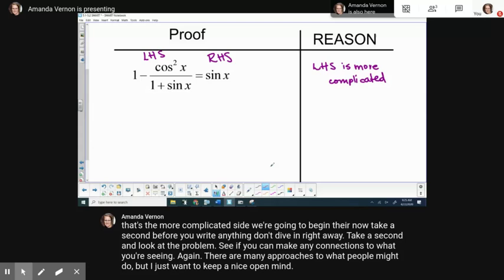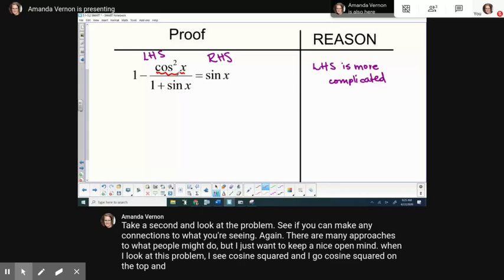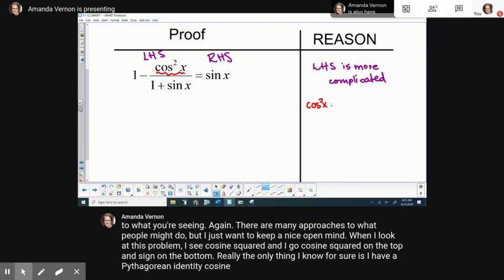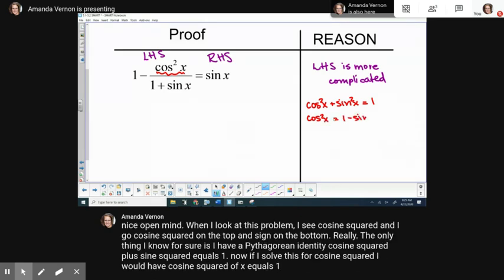When I look at this problem, I see cosine squared on the top and sine on the bottom. Really, the only thing I know for sure is I have a Pythagorean identity. Cosine squared plus sine squared equals 1. Now, if I solve this for cosine squared, I would have cosine squared of x equals 1 minus sine squared of x.